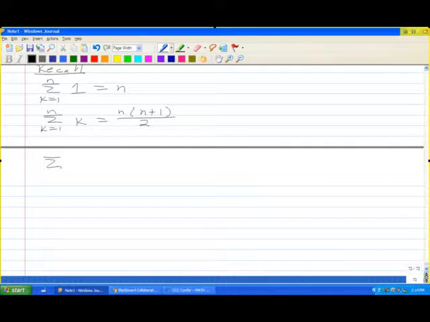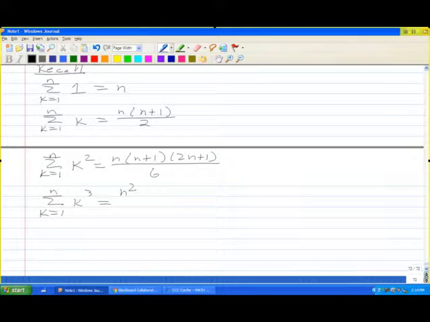And the sum k equaling 1 to n of k squared, I said was n(n+1)(2n+1)/6. Let me give you one more. The sum k equals 1 to n of k cubed is equal to n squared (n+1) squared over 4.